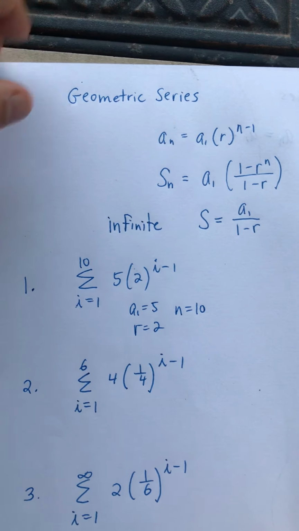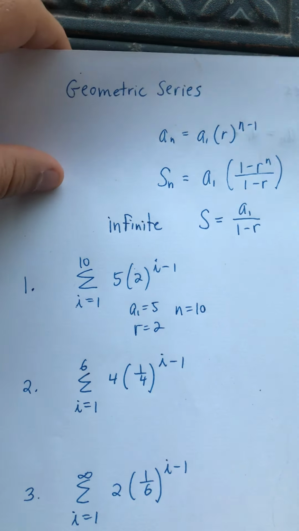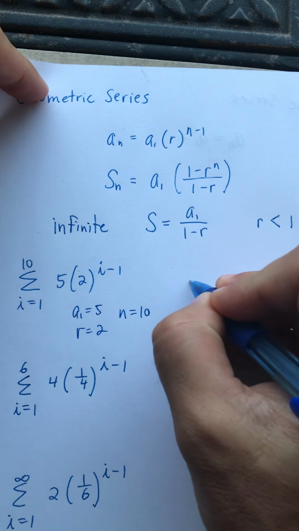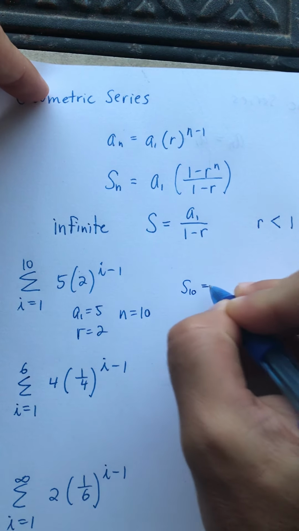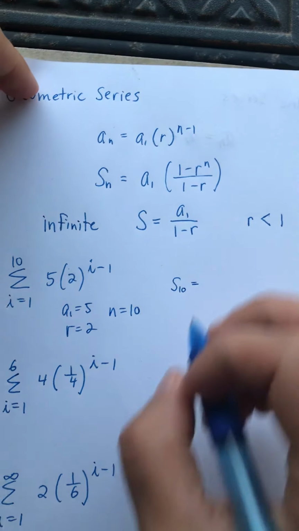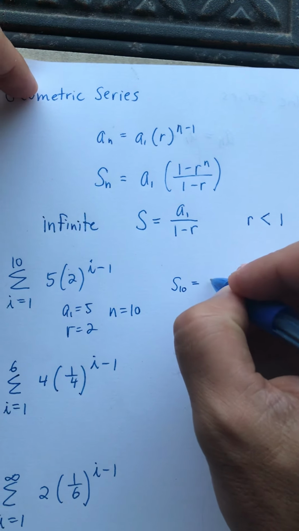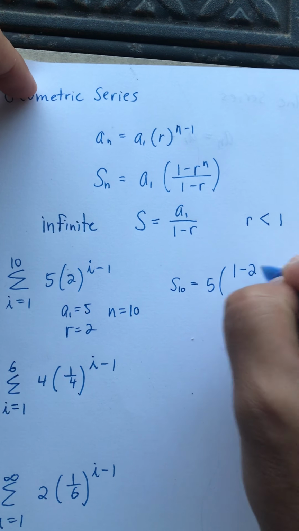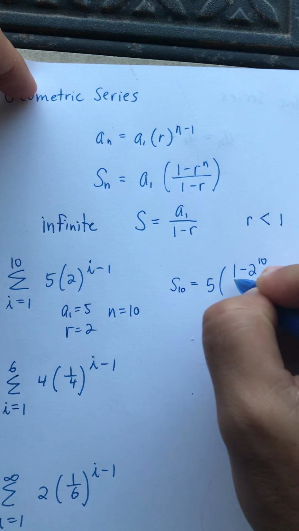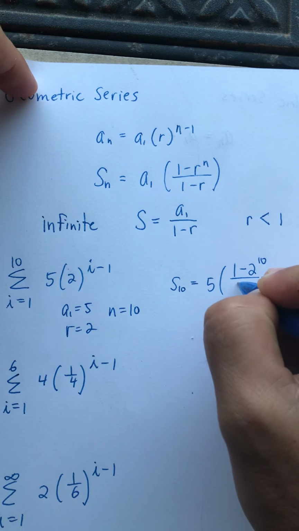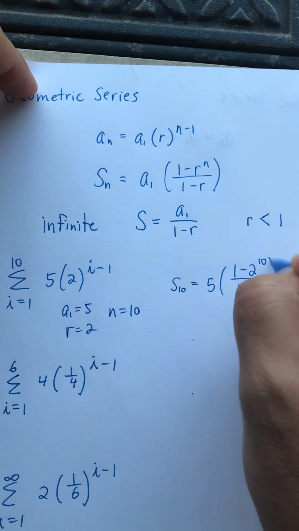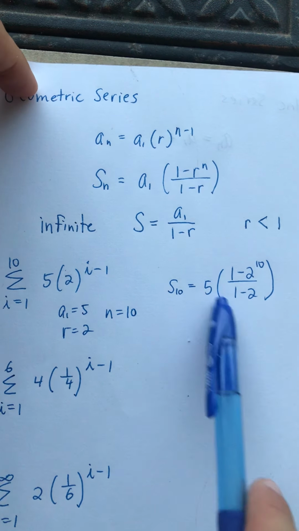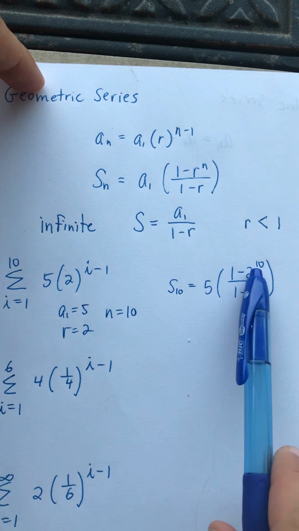So we're just going to plug those 3 variables into our sum formula up here. The sum of the 10 terms is going to be a1, which is 5, times 1 minus 2 to the 10th power, all divided by 1 minus 2. The hardest part is actually plugging this into the calculator correctly.